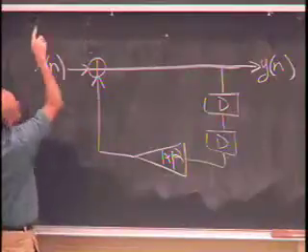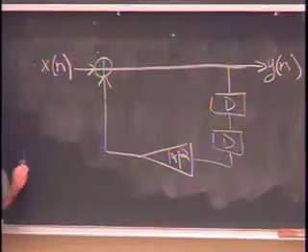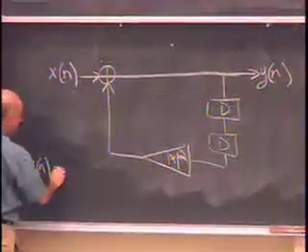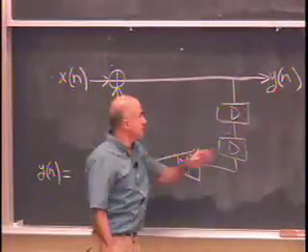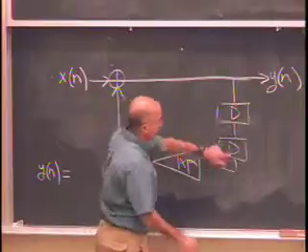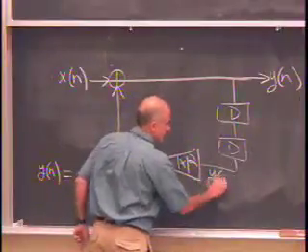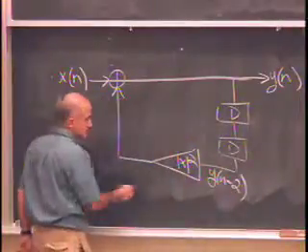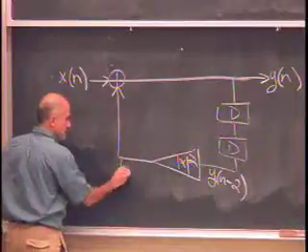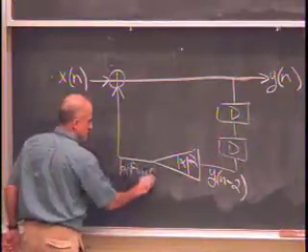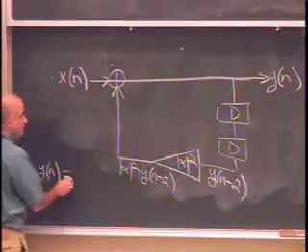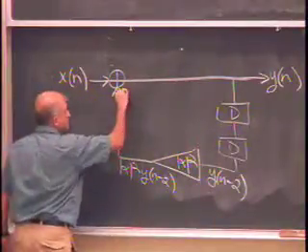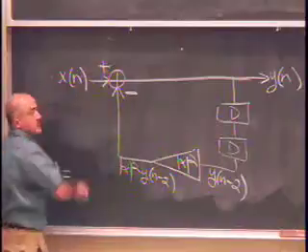Well, rewrite the difference equation. You're going to get y of n equals y of n minus 2 times alpha squared, minus here, plus there.